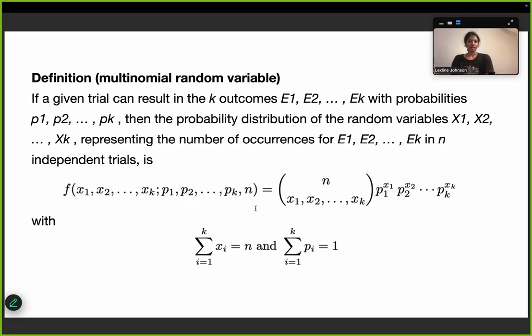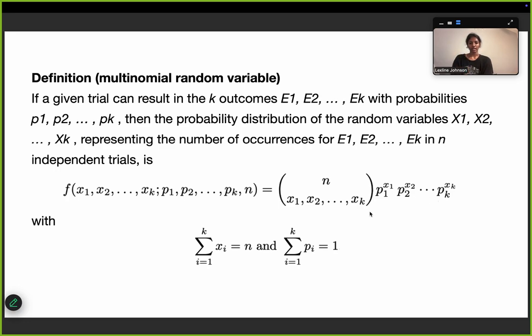And then if a given trial can result in k outcomes from E1 all the way to Ek, with probabilities p1, p2, all the way to pk, then the probability distribution of the random variables x1 all the way to xk, representing the number of occurrences of E1 all the way to Ek in n independent trials, is given by the formula below. Essentially this is really similar to our binomial formula, except that we add probabilities for each of the possible outcomes.